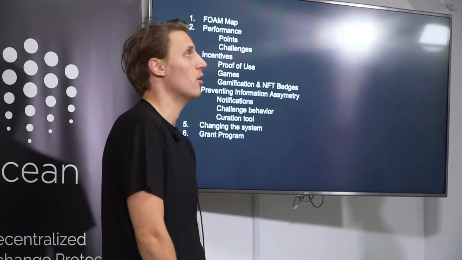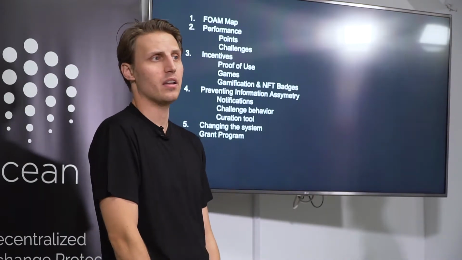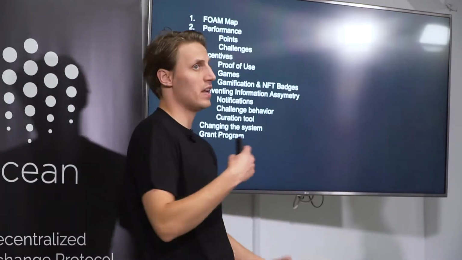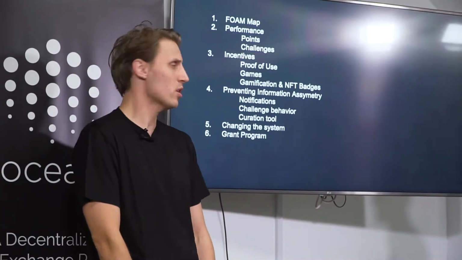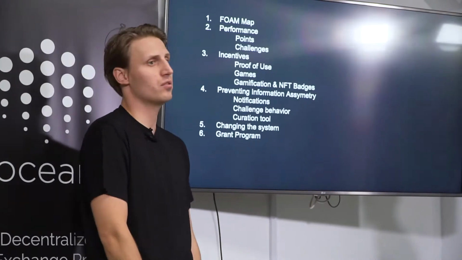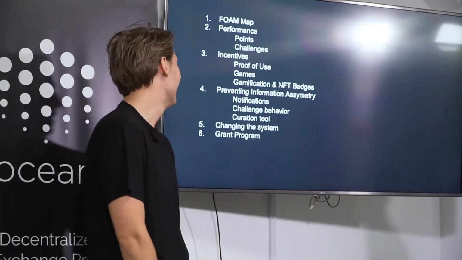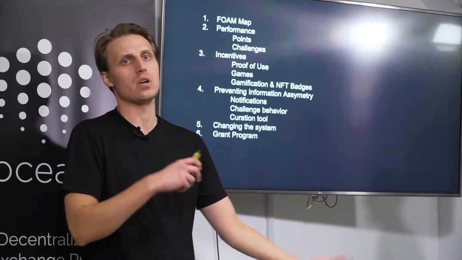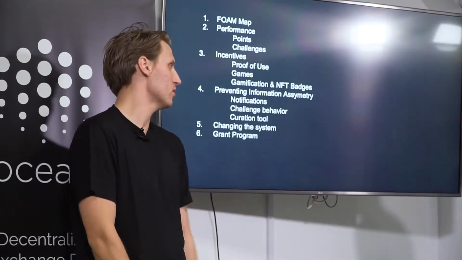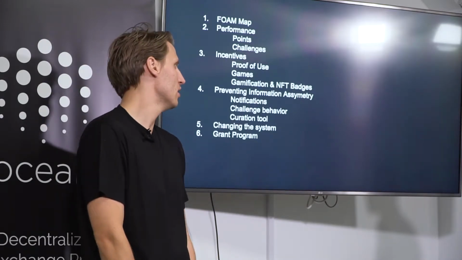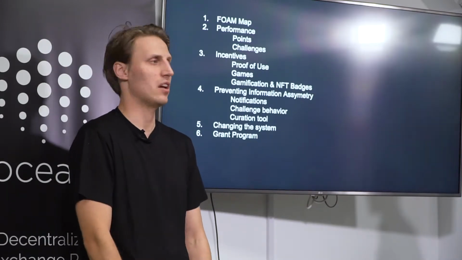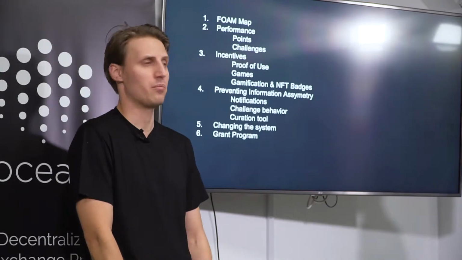We're going to talk about the community on top of that and how we're working to prevent information asymmetry, so we allow everyone to participate in this network. And then finally, we're going to very shortly touch on next steps and how, through governance dashboards, more curation tools and more analytics, we will allow the community to change this deployed Web3 application themselves. And we have a grant program to support innovation on that side as well.